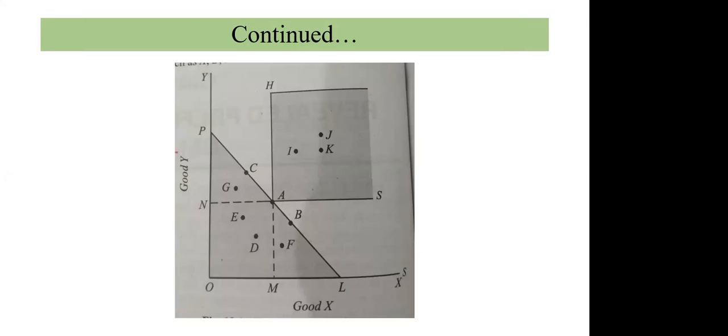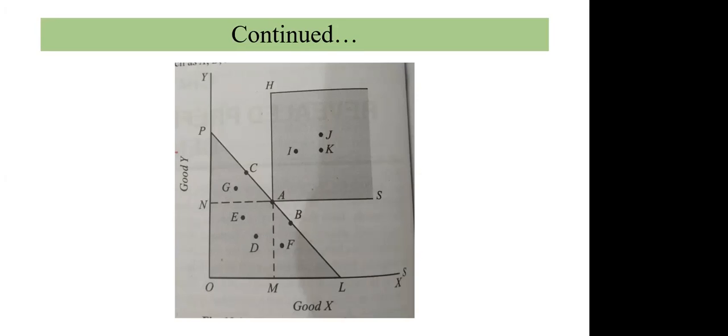With the income you are having, you can purchase any combination within the budget line PL, because your budget line is PL, given your income and the prices of these two commodities. Now you can choose from any of the points A, B, C, D, E, F, G, because this is within your capacity. This is within your budget constraint.